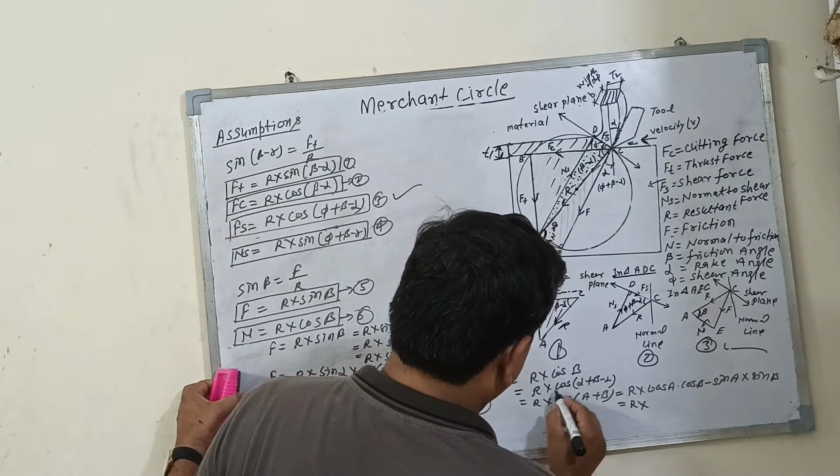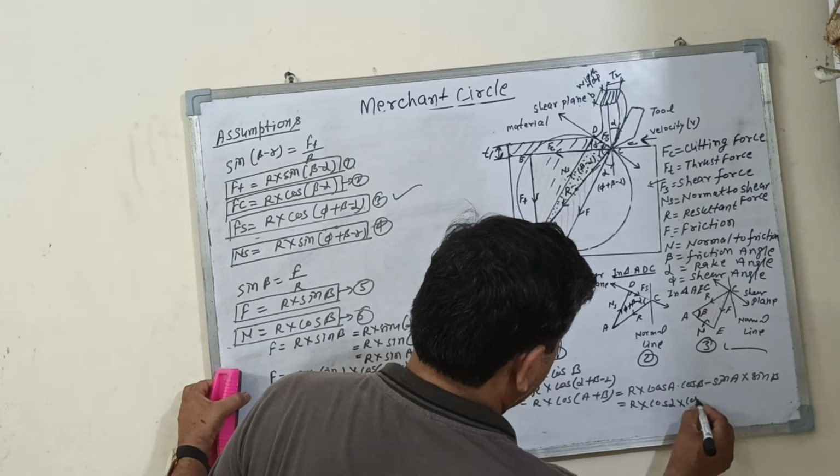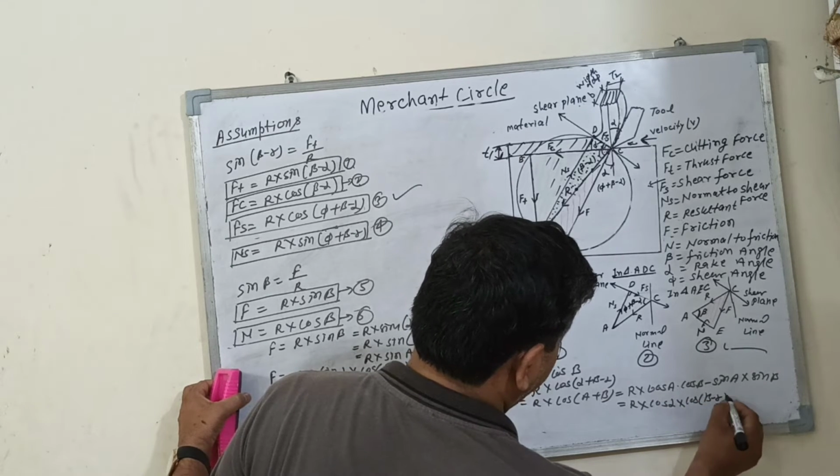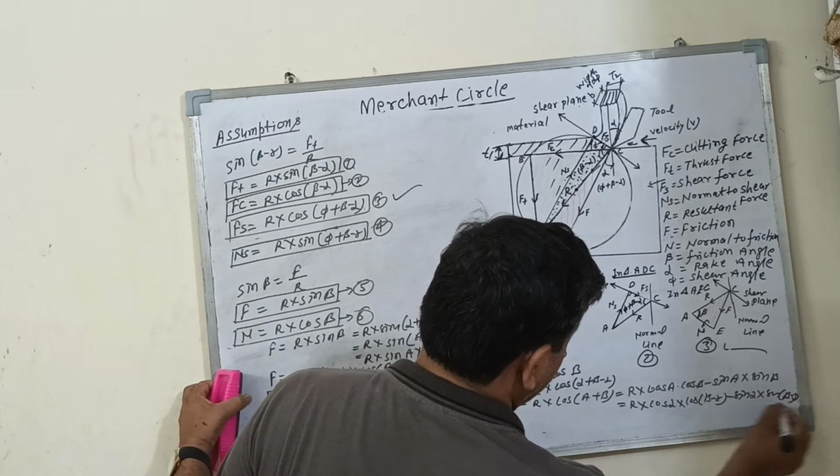R into cos alpha cos(b − alpha) minus sin alpha into sin(b − alpha).